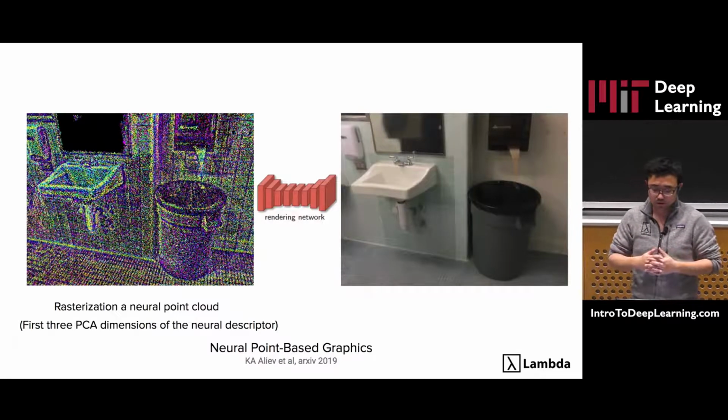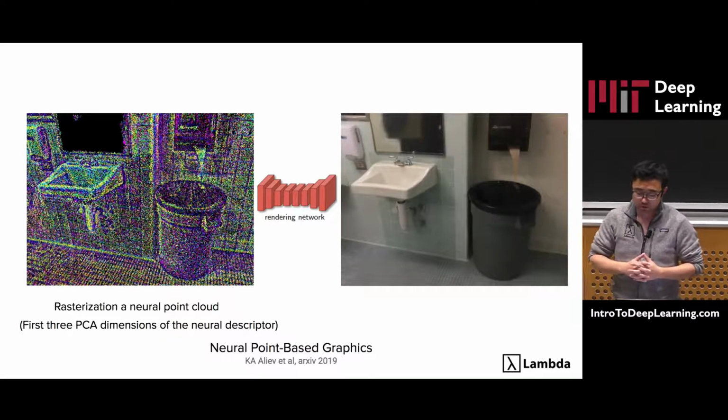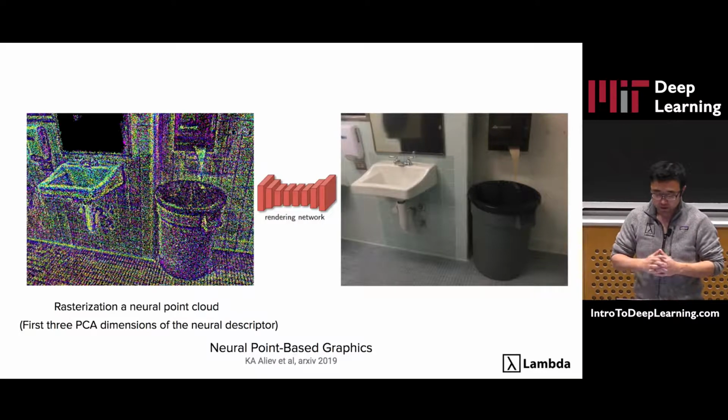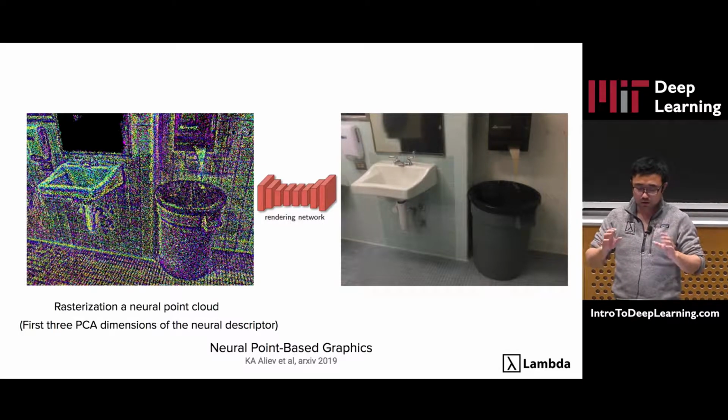And then the authors use an autoencoder to encode the projected neural descriptor into a photorealistic image. This render network is jointly trained with the optimization of the neural descriptor during the training, but can be reused in the testing stage.